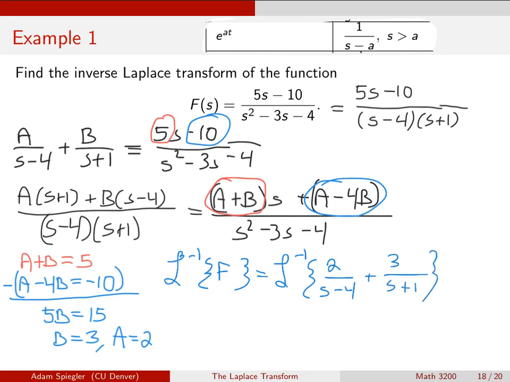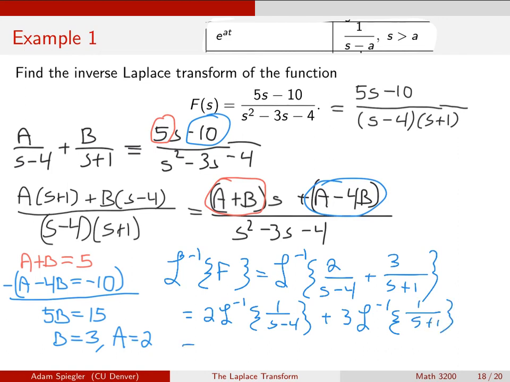Now we can use the linearity of the inverse Laplace transform to say this is going to equal 2, which can be pulled out, times the inverse Laplace transform of 1 over (s - 4). And for the second one, we can pull out the 3 and calculate the inverse Laplace transform of 1 over (s + 1).